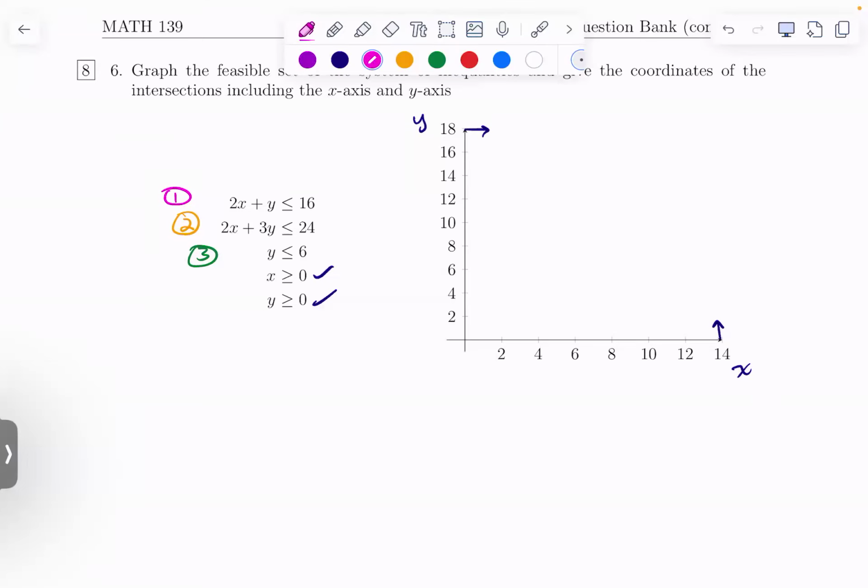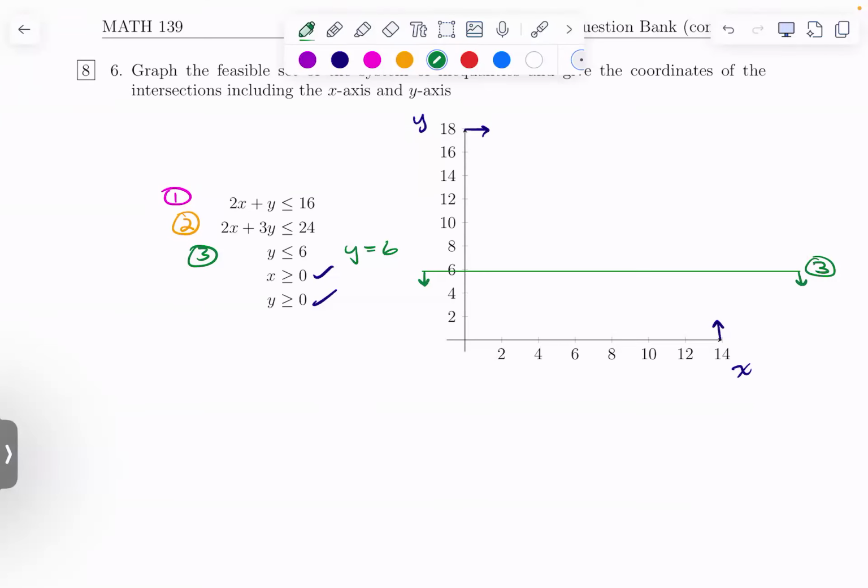Because you are going to draw a line at y equals 6 and then figure out which side of the line is in the feasible set. So this is line 3. If y has to be less than or equal to 6, then I have to be below this line.